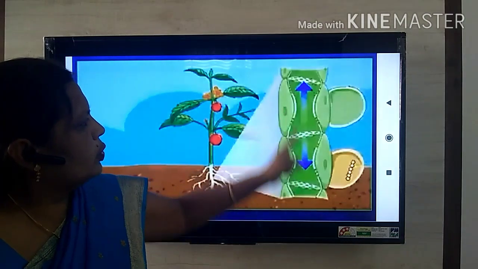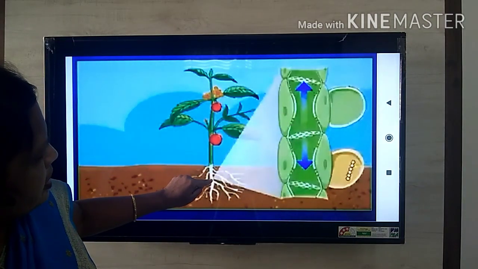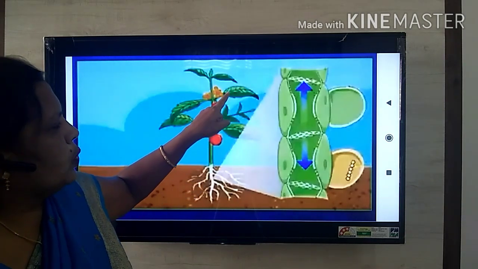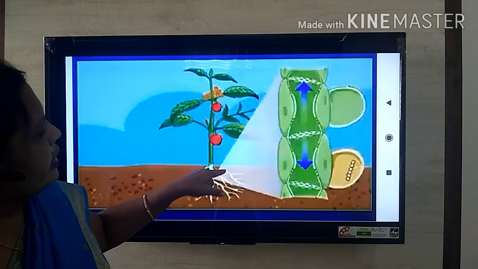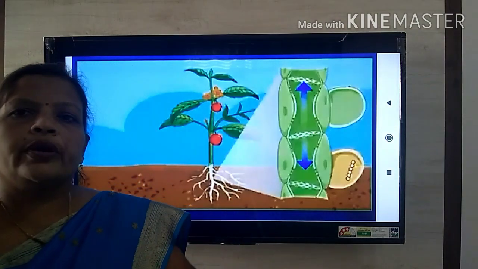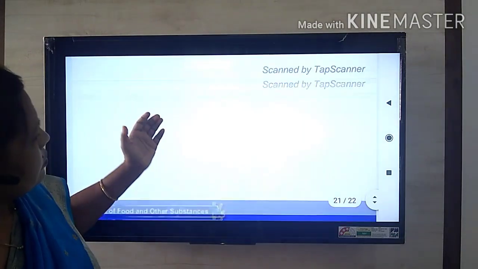Here the arrow is shown; this is a picture taken from the root system. Whatever glucose is transported to the roots of the plant is converted into starch, or it may be converted into proteins, and it is stored in the other parts of the plant. Next slide.